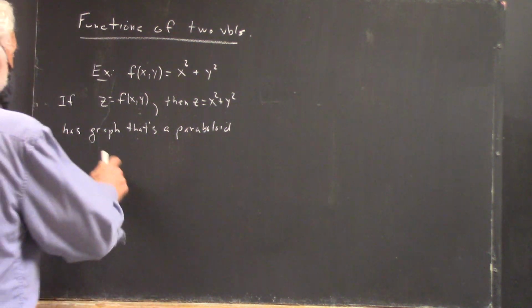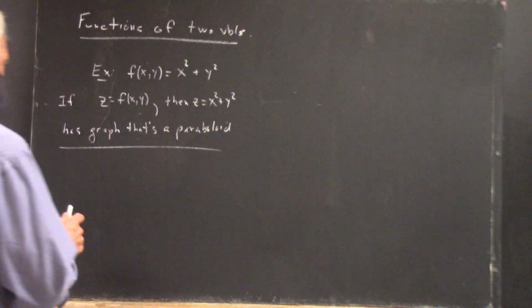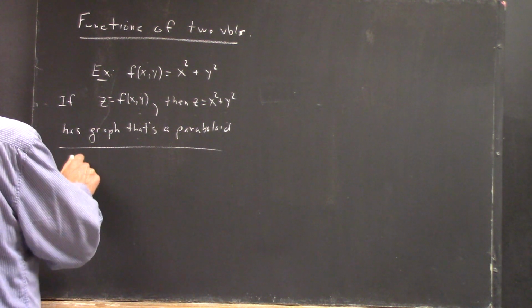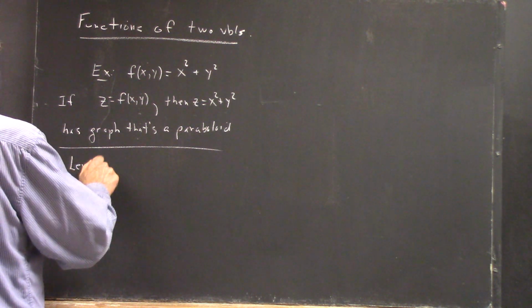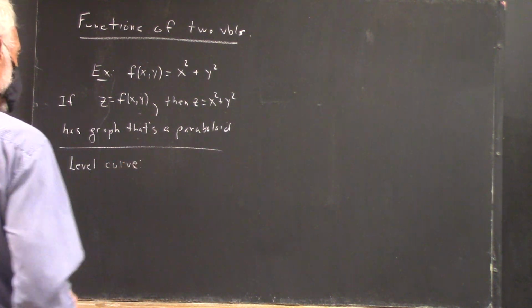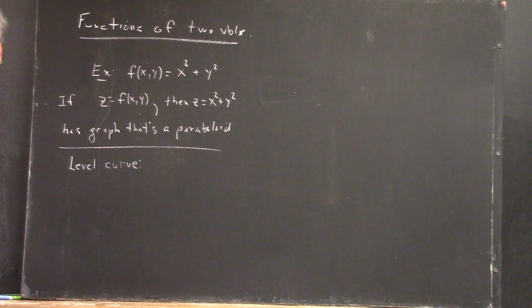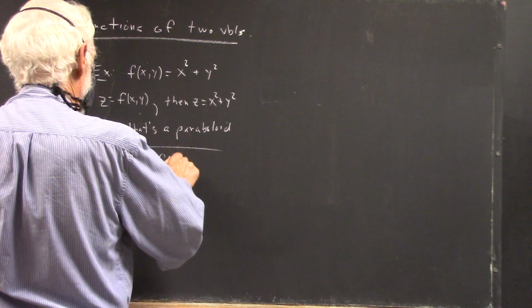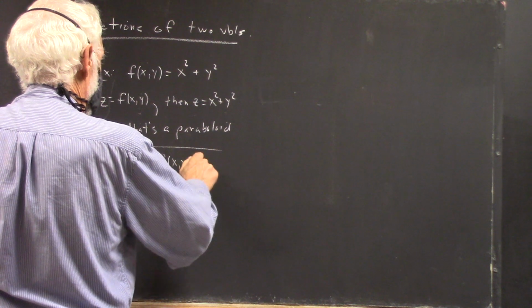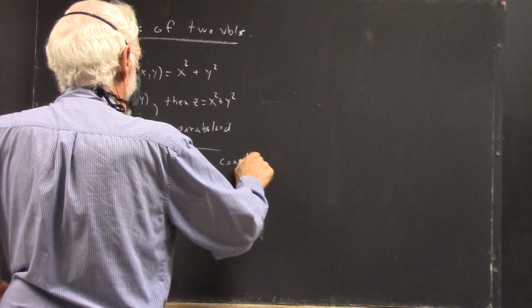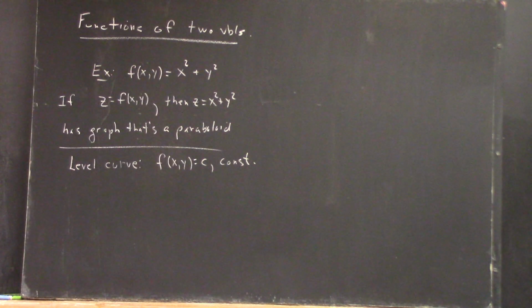It's just a parabola, it's a quadratic surface, okay? Now, a level curve for this function is f of x, y equals c, that's a constant.